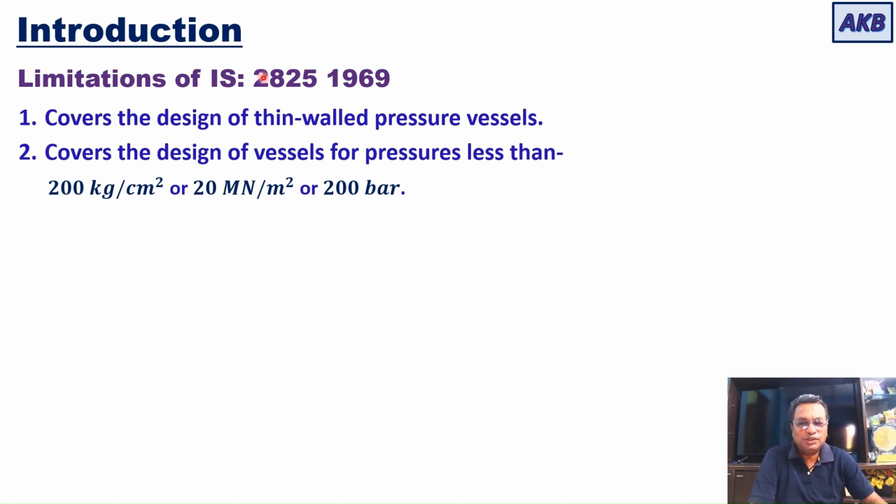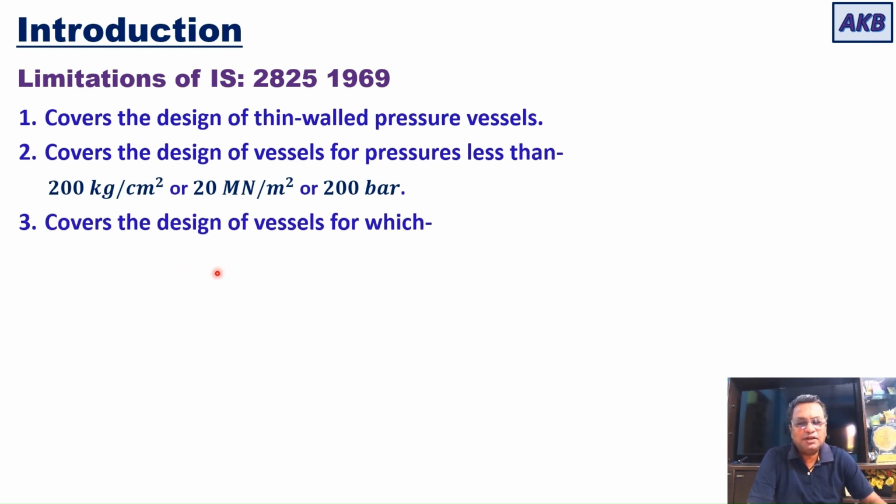So you can follow this standard for designing thin-walled pressure vessels that are subjected to pressures less than these values, 200 kg per centimeter square or 20 meganewton per meter square or 200 bar.